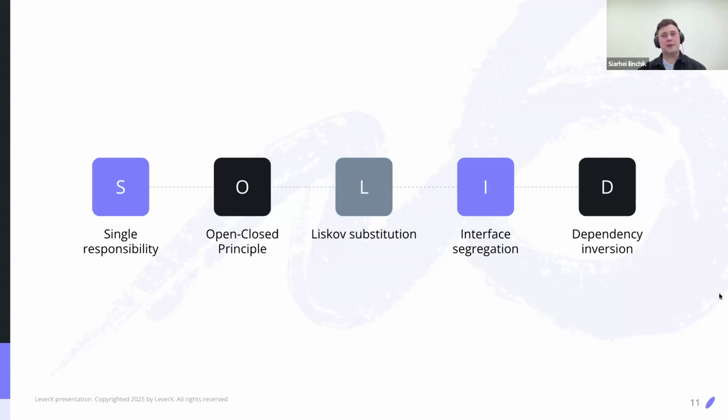He picked those five principles and now it's SOLID. They existed in isolation before SOLID was created, but now we know them as SOLID, and it's a pretty easy way to remember, since SOLID is a word and it means something.